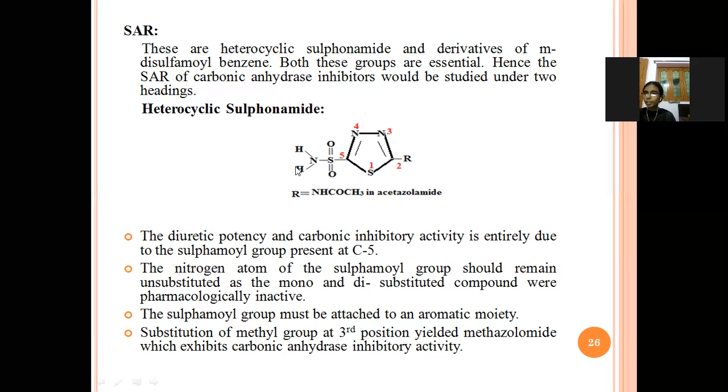If it is mono or disubstituted, the activity will be lost. In the third position, if the methyl group is there, it is named methazolamide, which also acts as a diuretic. And this sulfonyl group should be attached to the aromatic structure.